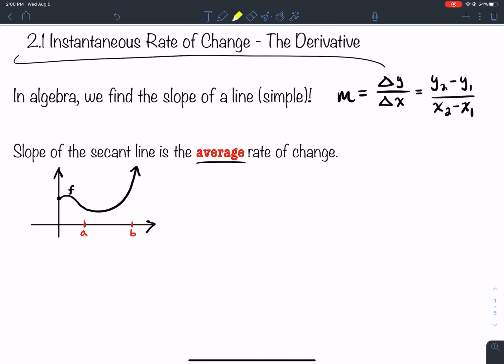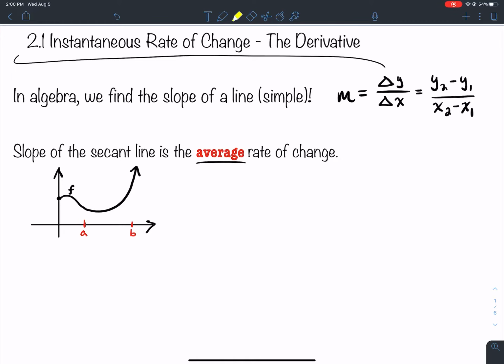Say I have some function. Maybe this function here represents the distance we are from home. Maybe this person is 5 miles away from home here, then they're only 2 miles away from home, and then way up here they're like 20 miles away from home, whatever, okay? So that f function represents, the output is how far away we are from home.